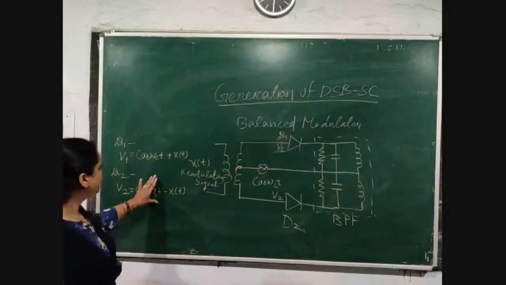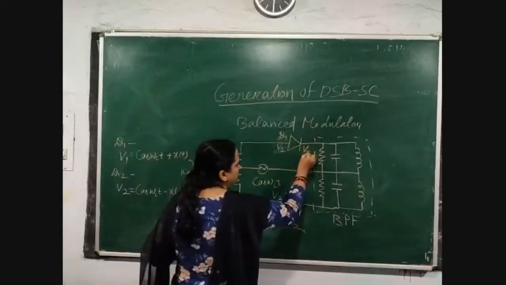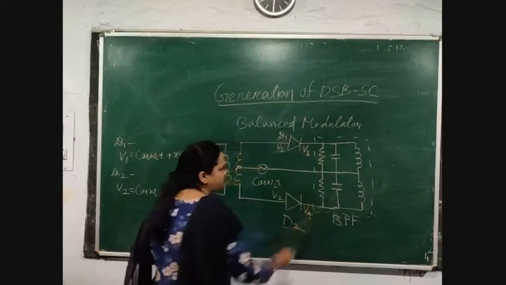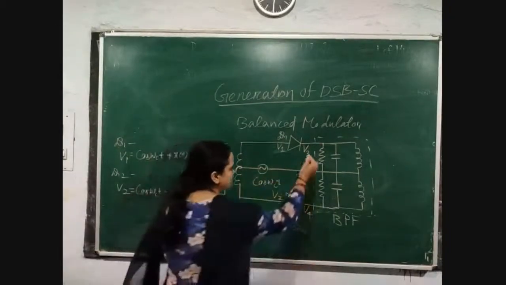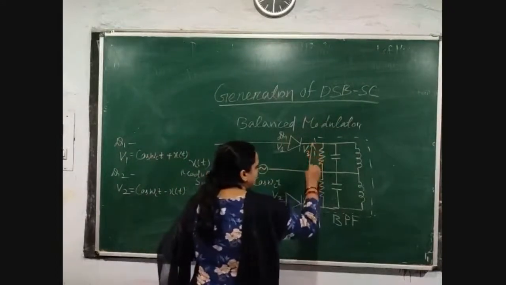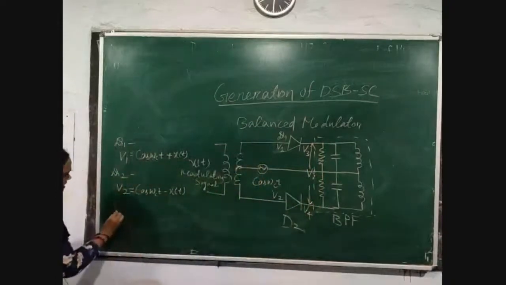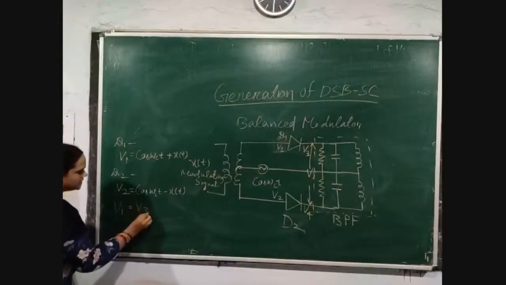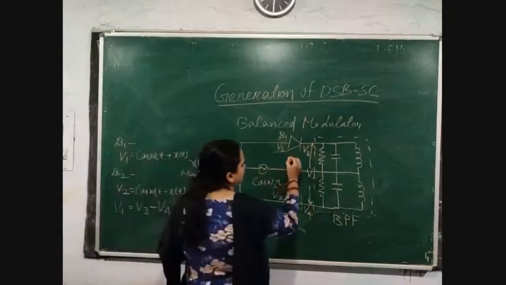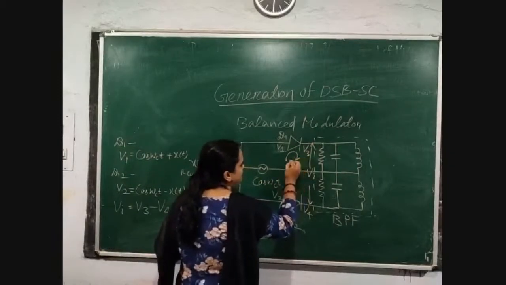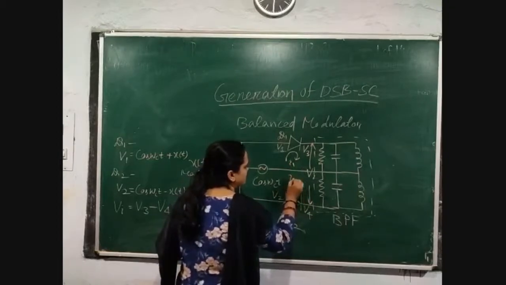So, then this one is the input V1 and V2, then at the output of the diode we get V3 and V4. But here we calculate the net voltage. So, the net voltage is denoted as VI. So VI equal to V3 minus V4. And in diode D1, current flow is denoted as I1, and here the current is denoted as I2.